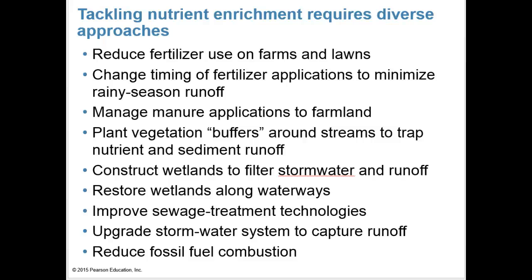Constructing wetlands to filter stormwater and runoff, restoring wetlands along waterways, improving sewage treatment technologies, upgrading stormwater systems to capture runoff, and reducing fossil fuel combustion are other options. All of these can be methods to tackle all these nutrients that are being added to our ecosystems.